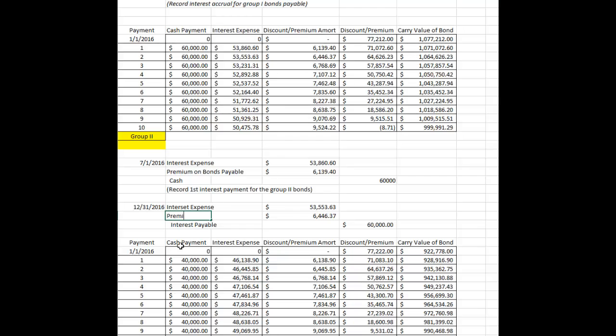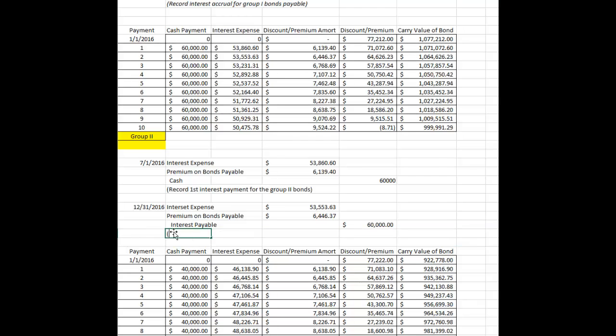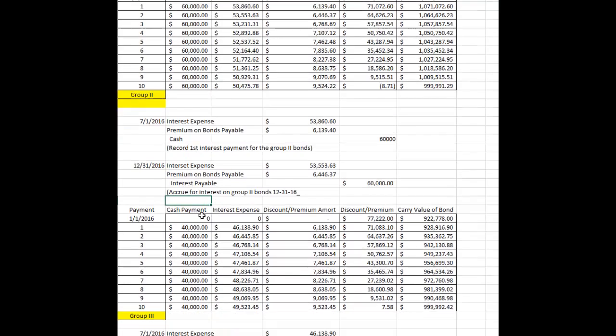This reduces the premium on the bonds payable. That's how we accrue for interest for the Group 2 bonds. The description here: accrue for interest on Group 2 bonds, 12/31/16.